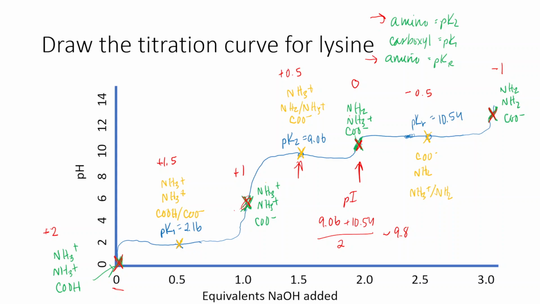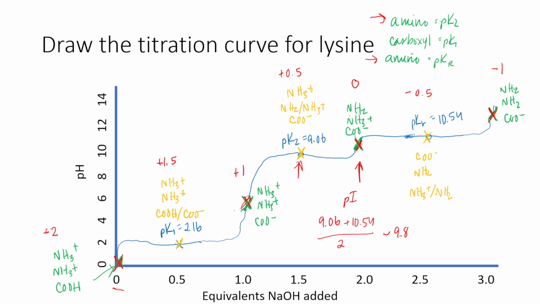The definition of a zwitterion, as far as my understanding, is when the net charge is 0. So wouldn't the isoelectric point always be where it is? Yes, that is true. And so I guess my question is, what is different between lysine, for example, and threonine, having that extra side ionizable group?